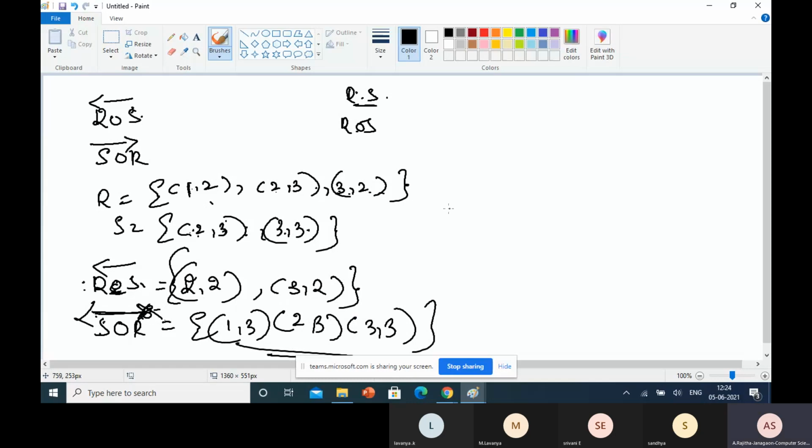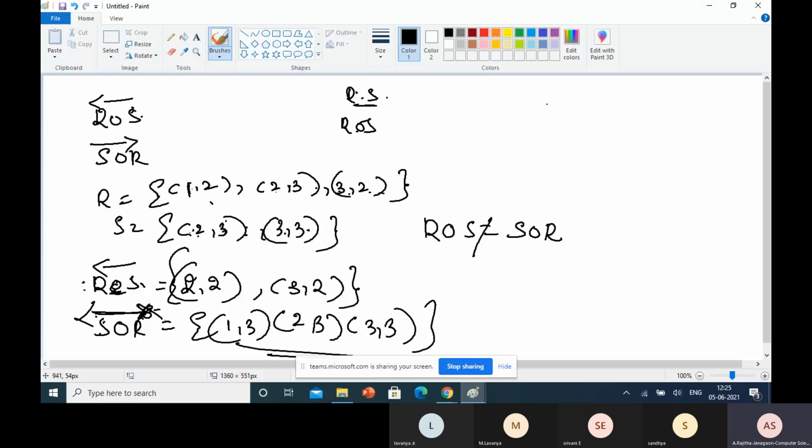That means here R composed with S is not equal to S composed with R. Okay, so this is about operations on relations.